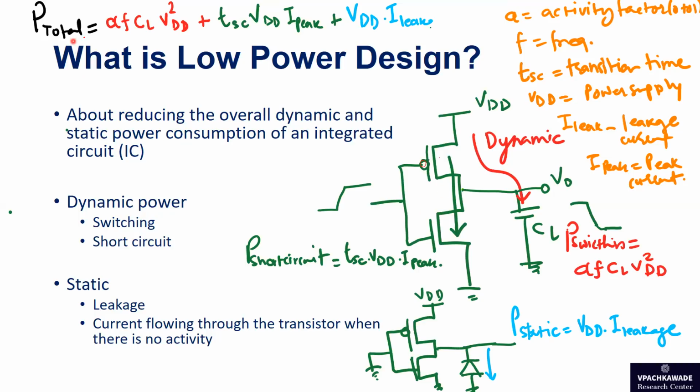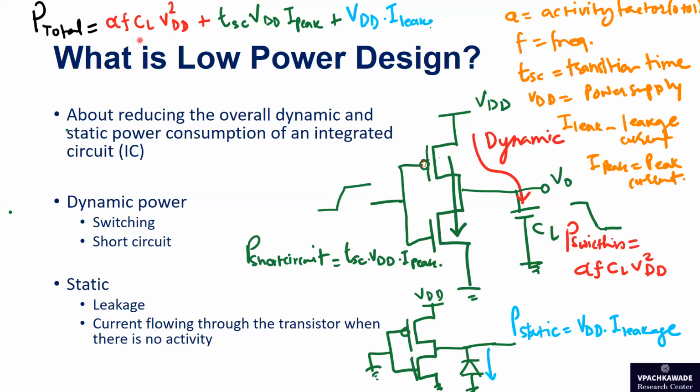So here at the top, you see that the total power is composed of three factors highlighted in different colors: red, green, and blue. The first component, in red, is alpha F Cl and the square of the power supply VDD.